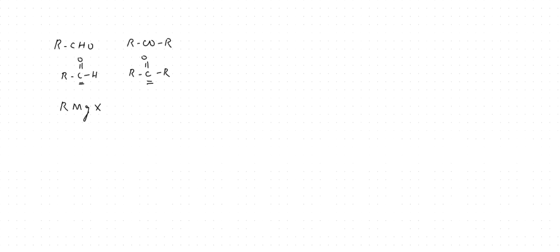You know, magnesium has two bonds, right? The valency of magnesium is 2, which is an alkaline earth metal. To one bond, bromine is attached, and to the other bond, some R group, maybe a methyl group or benzyl group, anything. Now, what happens?